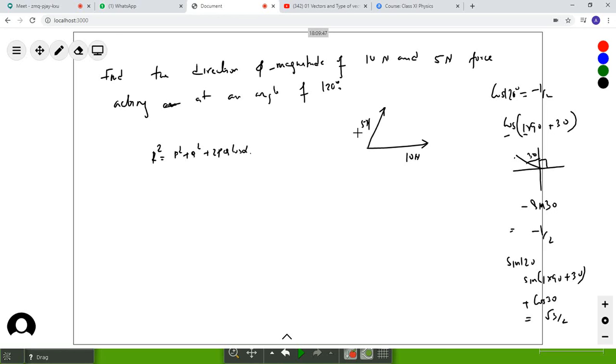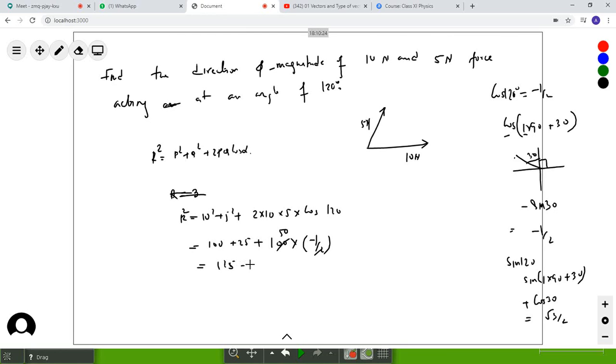So I got R equal to root 303.1. Let's see. R square would be equal to 10 square plus 5 square plus 2 into 10 into 5 into cos of how much? 120, right? Remember it's minus, so 100 plus 25 plus 2 into 5 into 10, 100, into minus half, so that gives me 50.